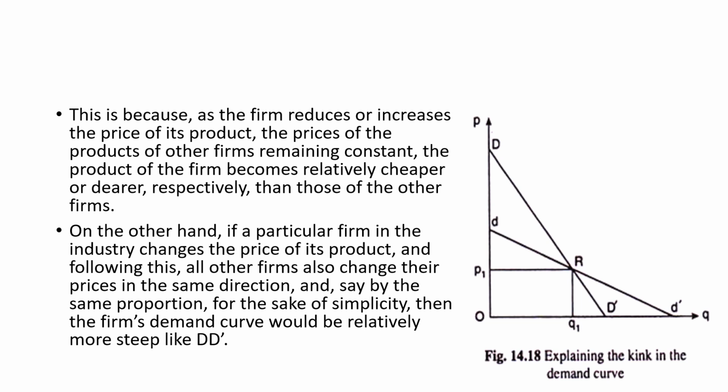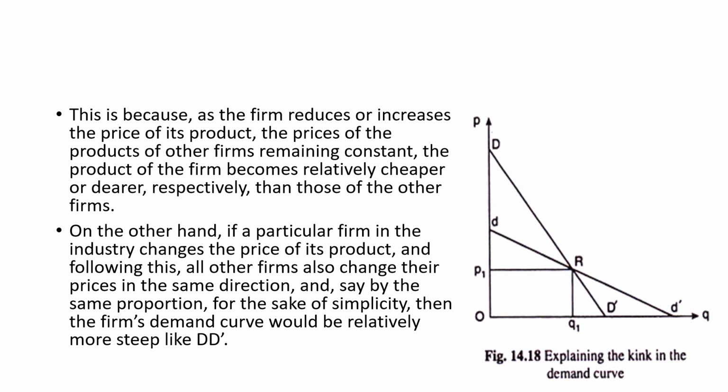Now coming to the case of capital DD, if a particular firm in the industry changes the price of its products, all the other firms would also change their prices in the same direction. For example, they may change their price in the same proportion, just assume so for the sake of simplicity.